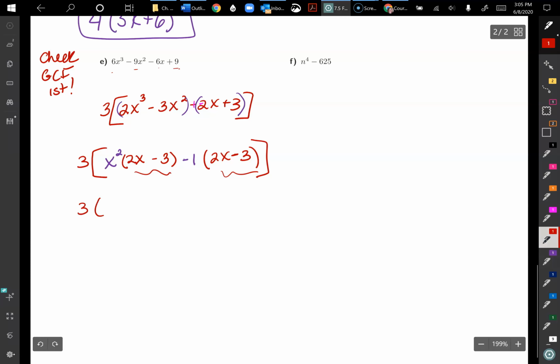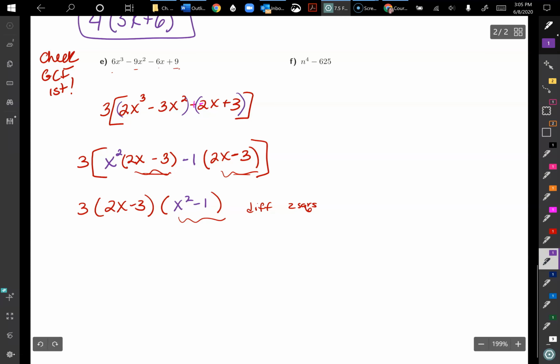So I have 3 times 2x minus 3, my GCF binomial, then times what's left, my x squared minus 1. But if you notice, that's a difference of 2 squares, so I can keep going.